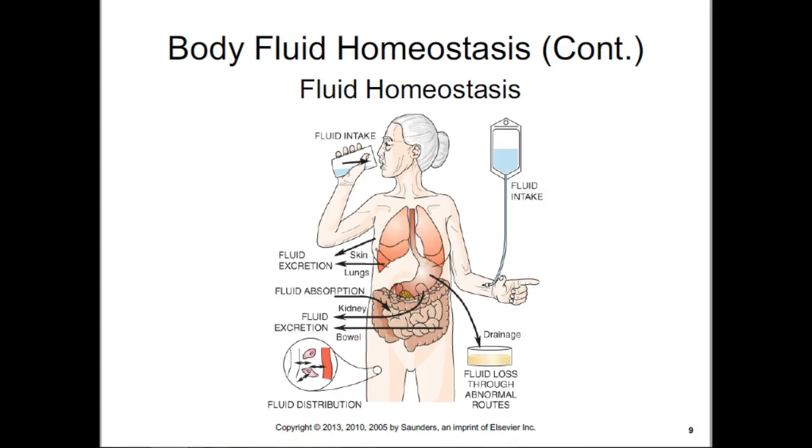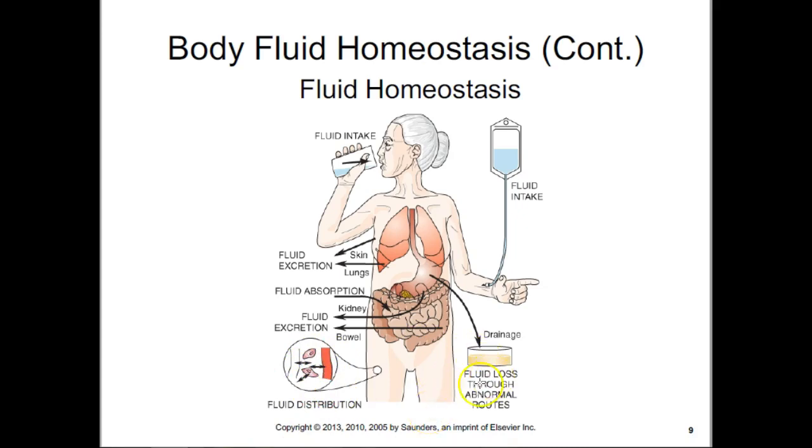You could see there, fluid intake is going to be excreted possibly through the skin and through the lungs. Your fluid absorption occurs in your intestines. Fluid excretion occurs through your urinary system, the kidney, or through your digestive tract, and then there's fluid distribution within the cells and tissues.